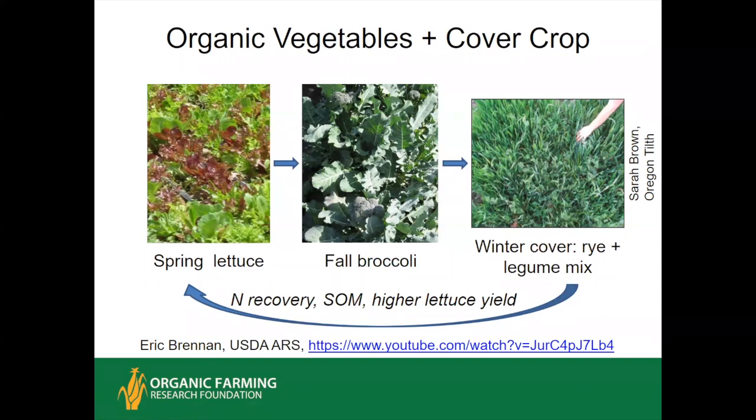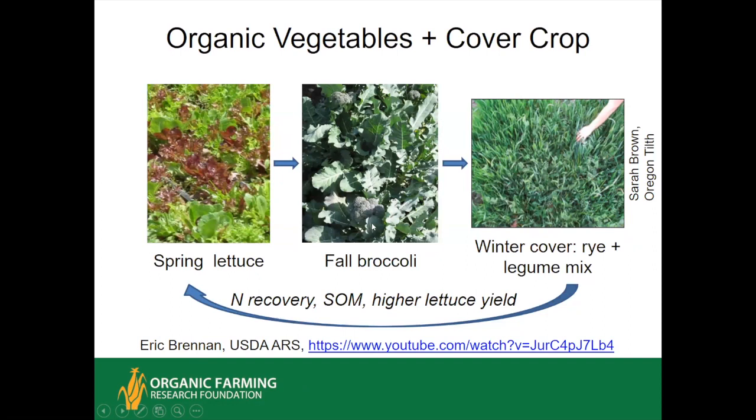The interesting thing is, there's more detail in this video, there's a link to the video there that Dr. Brennan created. And the interesting thing is, even when this was just rye by itself or a crucifer, the lettuce yields were much better than without a cover crop, suggesting that nitrogen recovery was the main source of this benefit.